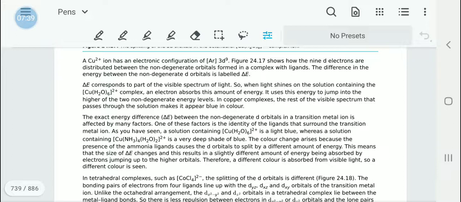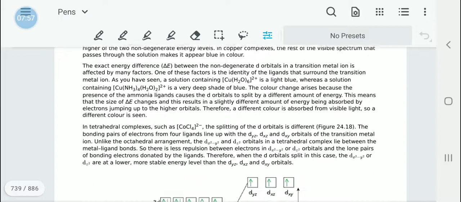So the rest of the visible spectrum will pass through the solution and make it appear blue in color. I hope you understand that.